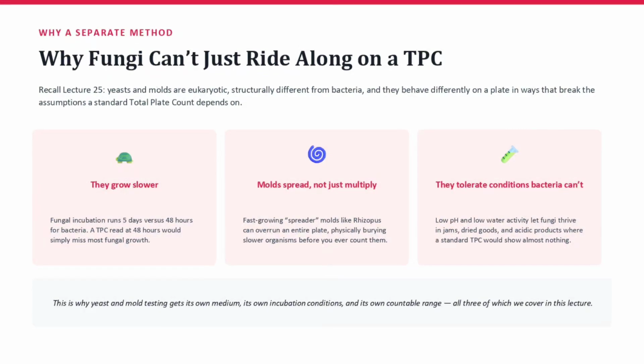Low pH and low water activity let fungi thrive in jams, dried goods, and acidic products, exactly the kind of product where a standard TPC would show almost nothing at all, even if real contamination is present. This is exactly why yeast and mold testing gets its own medium, its own incubation conditions, and its own countable range. We are going to cover all 3 of those in this lecture.